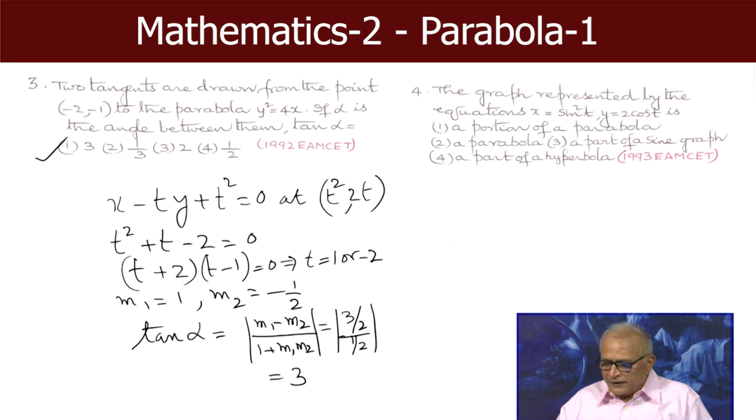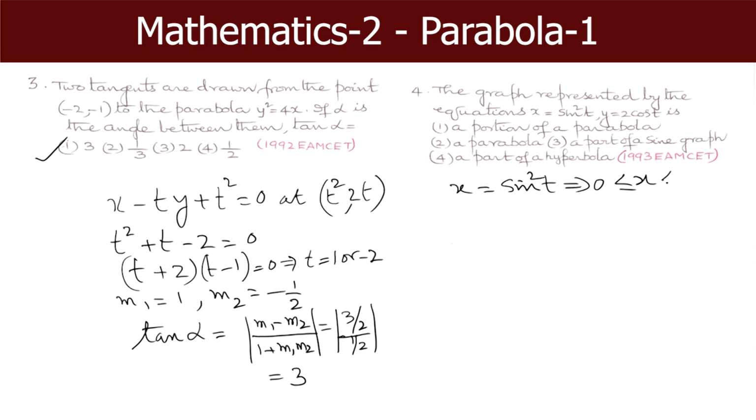The graph represented by the equations x = sin^2 t, y = 2 cos t. x = sin^2 t means x lies between 0 and 1. And let us eliminate t from these two equations to see what the graph y = f(x) represents. y^2 = 4 cos^2 t = 4(1 - sin^2 t) = 4(1 - x).